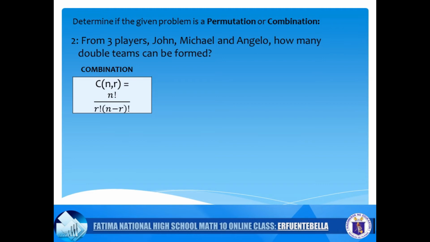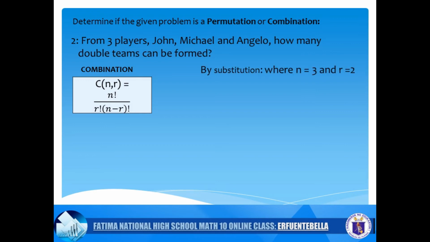And what is now our n? What is our r? So our n now is 3 because we have 3 choices, and your r is 2 because you have to create a double team.